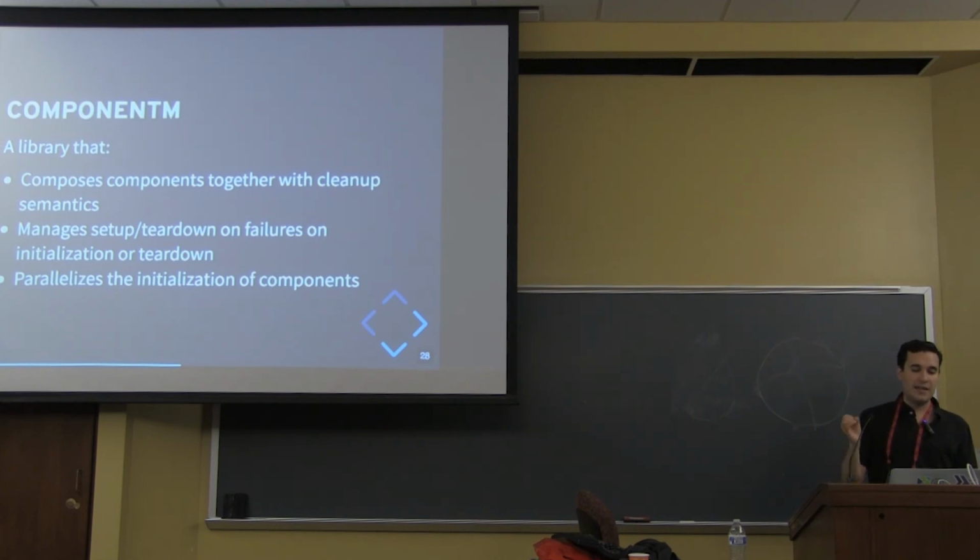Given that, I started working on a library called component M that tries to reduce the burden of modeling your application so that you have to clean up or not, right? How am I going to handle those things that are being returned to me that before I did void. This library is going to help us with that. A disclaimer, I have been using this library in anger for the past 2 weeks.